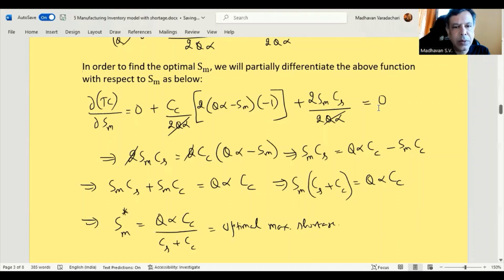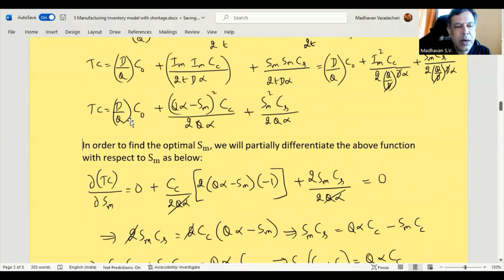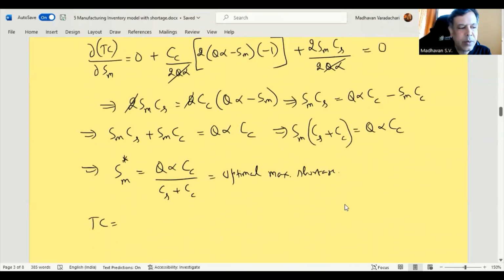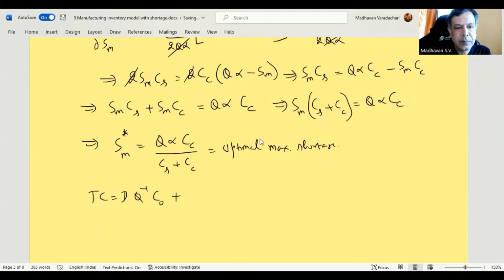Now again going back to this function, total cost function, let me rewrite it. TC is equal to, now we will be interested in finding out the optimal Q value. So I will take this Q to the numerator. So you get D Q inverse Co plus (Q alpha minus Sm) the square times Cc divided by 2Q alpha.